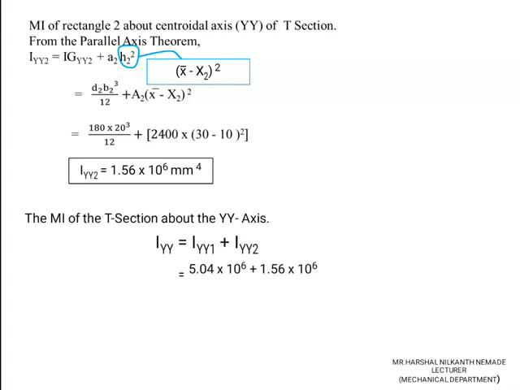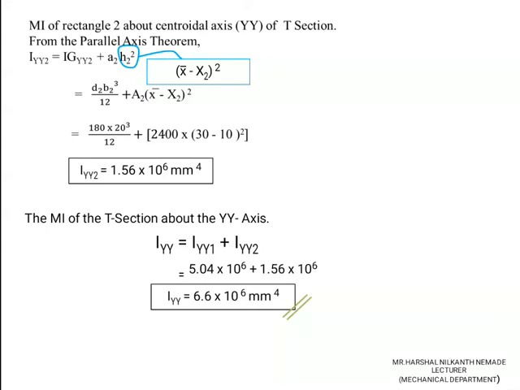The moment of inertia of the section about the y axis, Iyy is equal to Iyy1 plus Iyy2. Substituting the values of Iyy1 and Iyy2, I will get the final answer for Iyy is equal to 6.6 multiplied by 10 raised to 6, and the unit will be mm raised to 4. This is the final answer.